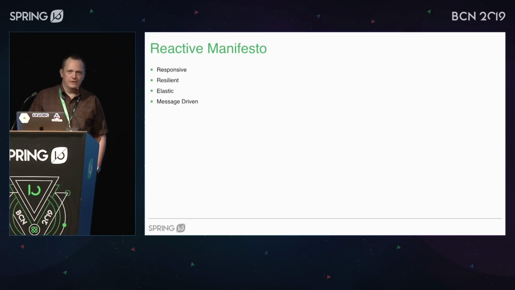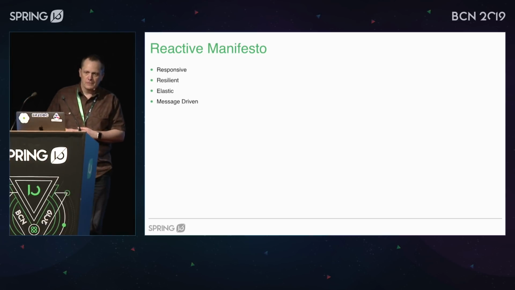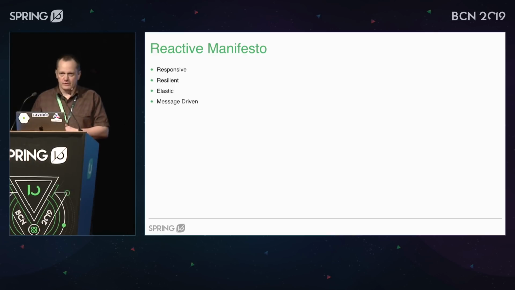One of the keynotes this morning, Ben was talking about having multiple threads running, and with existing models, you tend to be CPU bound because you've got all these threads, all this memory, all this contention going on, and you're not actually using the CPU that you've got available to you. So elastic is about making better use of things like that, pooling various connections, all this sort of stuff. And finally, it should be message-driven rather than event-driven.